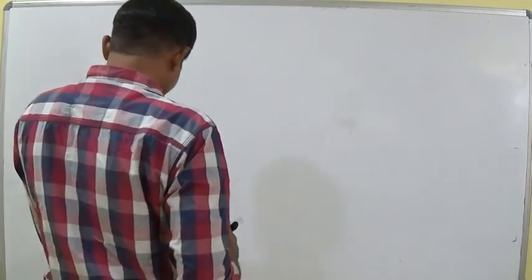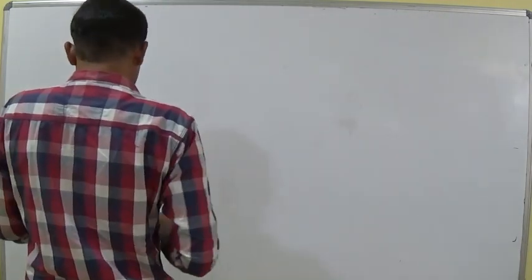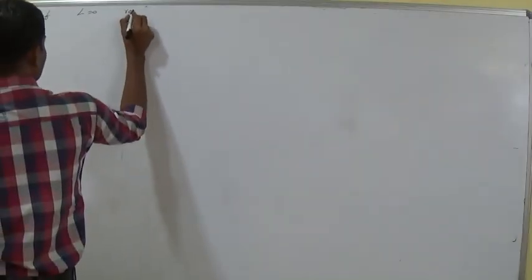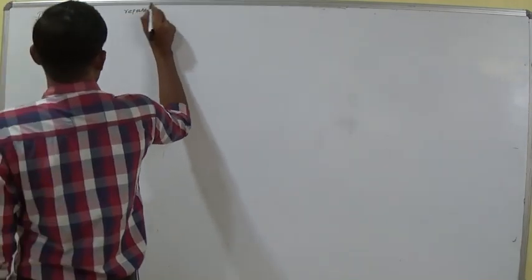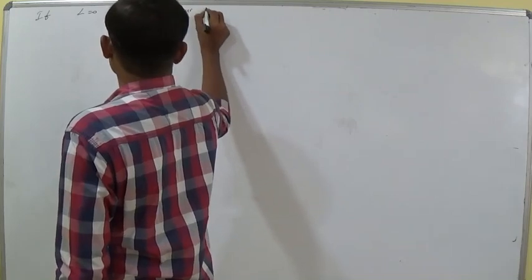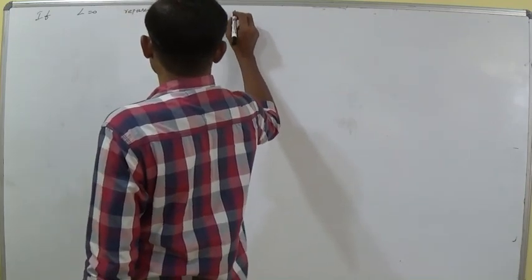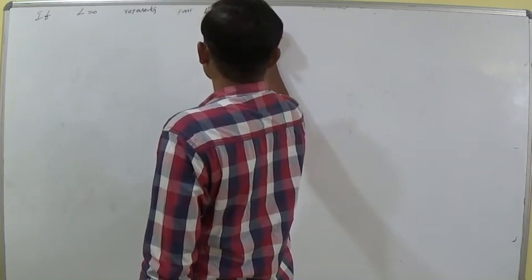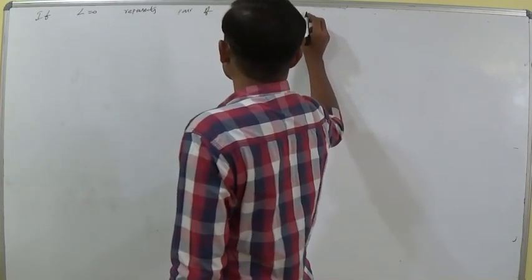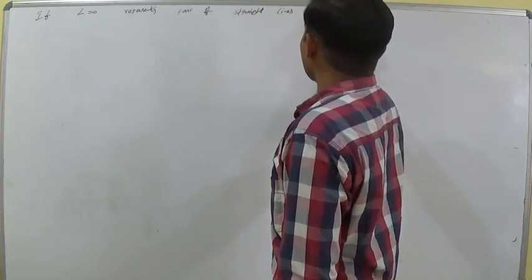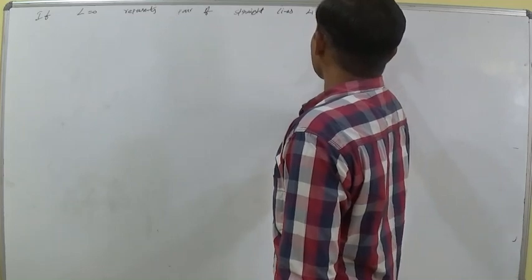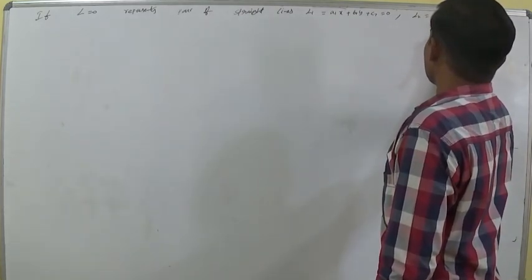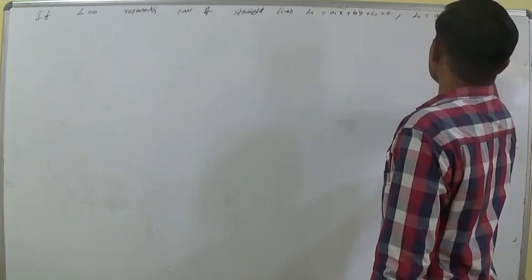Let us see. If L equal to 0 represents a pair of linear equations, a pair of straight lines, L1 is equal to a1x plus b1y plus c1 equal to 0, comma, L2 is equal to a2x plus b2y plus c2 equal to 0.